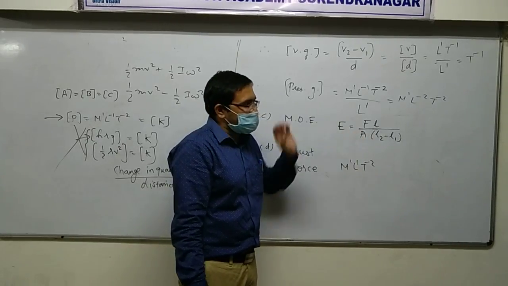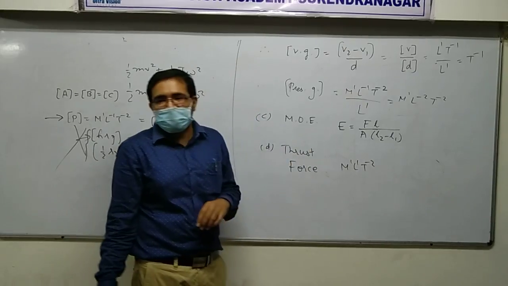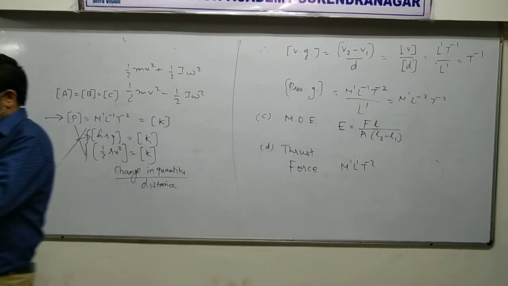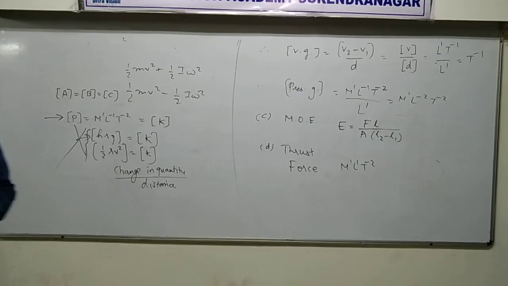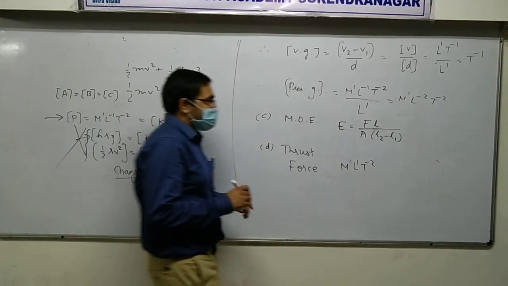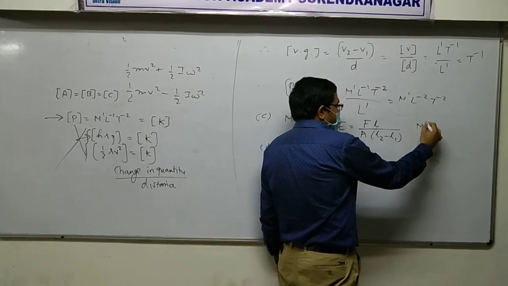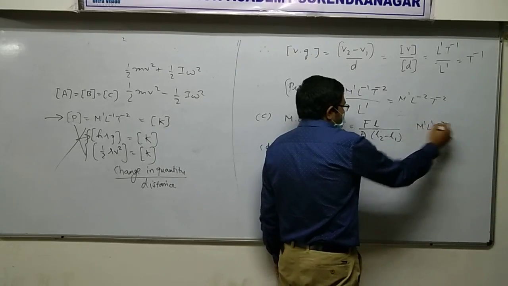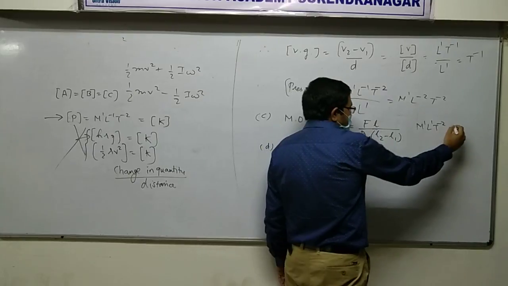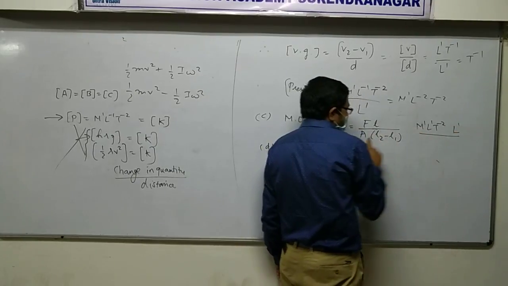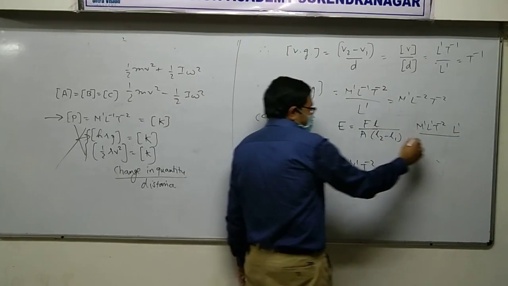You want to find the dimensions of this. Do it fast. Force dimension is how much? Length dimension is L raised to 1. Area dimension is L raised to 2.